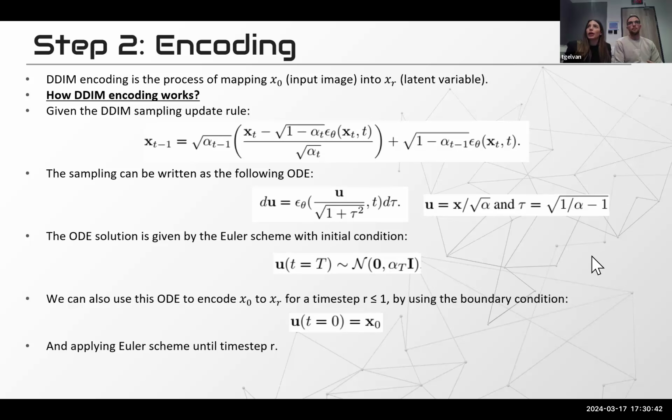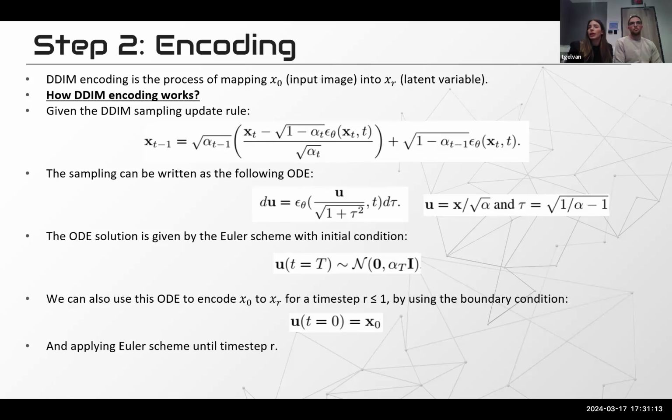So as we are all familiar with the DDIM update rule, which is estimating x_{t-1} from x_t through this formula, what I can do is write this sampling rule as an ODE, where u equals x divided by the square root of alpha, and tau equals the square root of 1 divided by alpha minus 1.